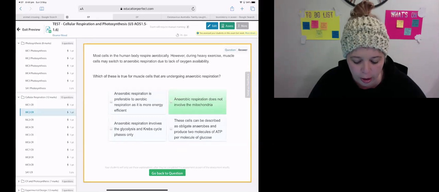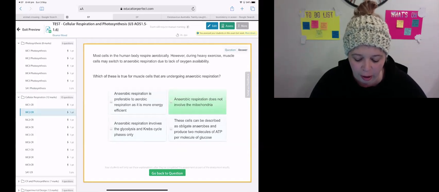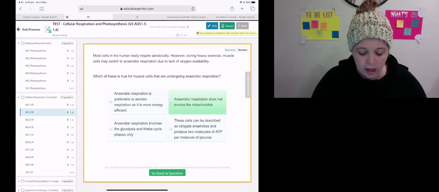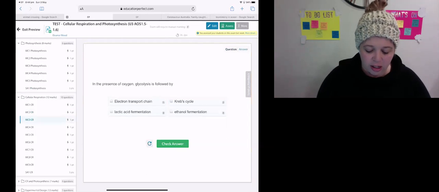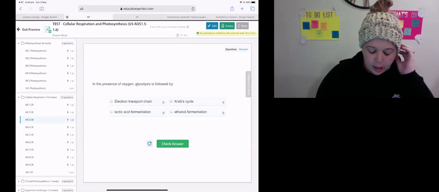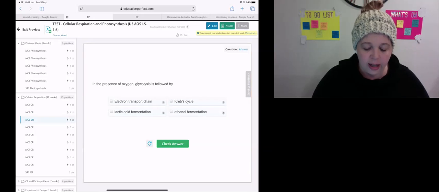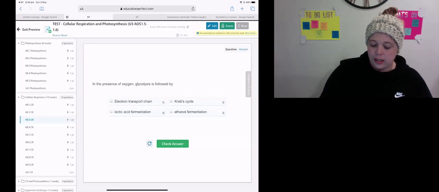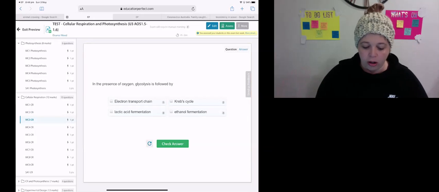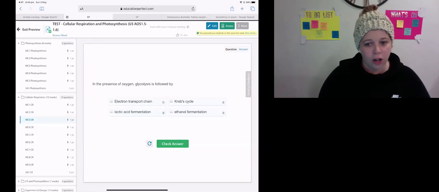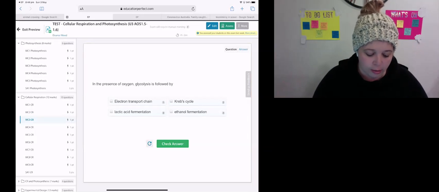And they cannot be obligate anaerobes, which means they have to do anaerobic respiration, because that just doesn't make sense for this question. So in the presence of oxygen, glycolysis is followed by not lactic acid, not ethanol, because we've got oxygen, and not the electron transport chain, because before that happens, you have to go through the Krebs cycle.